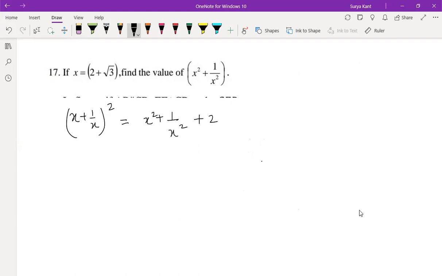Sir, 1 by x is equal to 1 by 2 plus root 3 into 2 minus root 3 by 2 minus root 3, equal to 2 minus root 3.